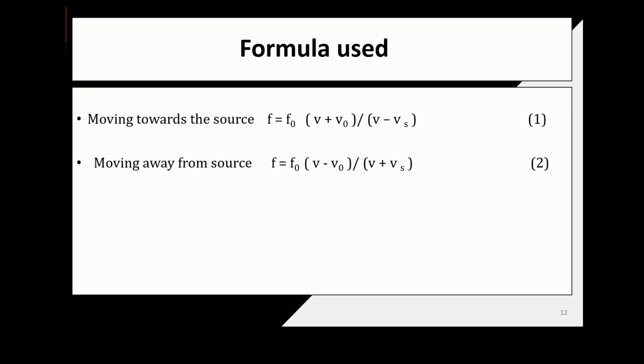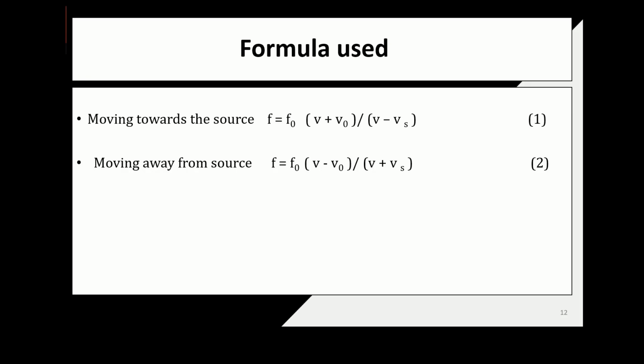You can see from equation 1 that in the numerator you have v plus v naught, which means something is increasing. In expression number 2, v minus v naught is there, so the frequency is decreasing when moving away from the source, and increasing when moving towards the source. These are the formulas we will use to find the frequency.